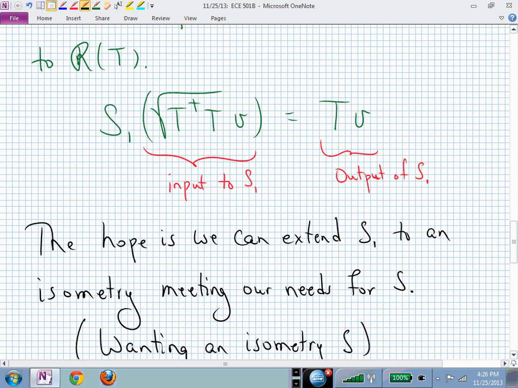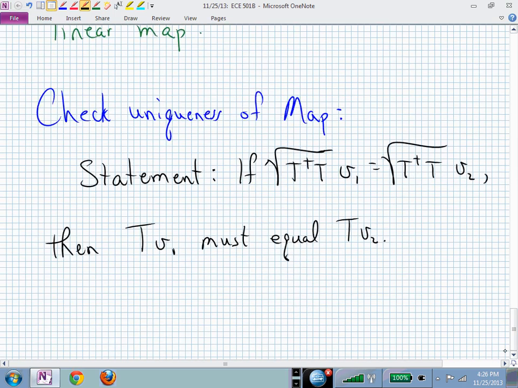So we need to make sure that we're working with unique vectors. And if V1 and V2 are such that this equality is true, then we need to make sure that TV1 is equal to TV2.